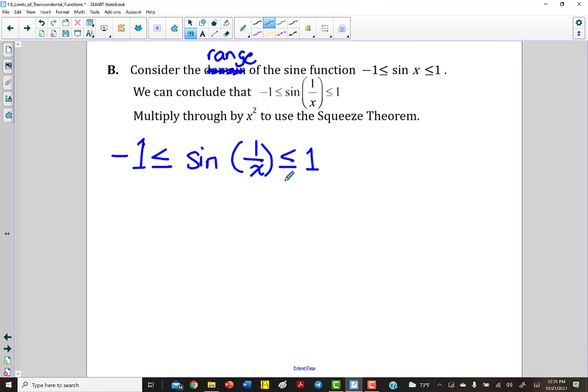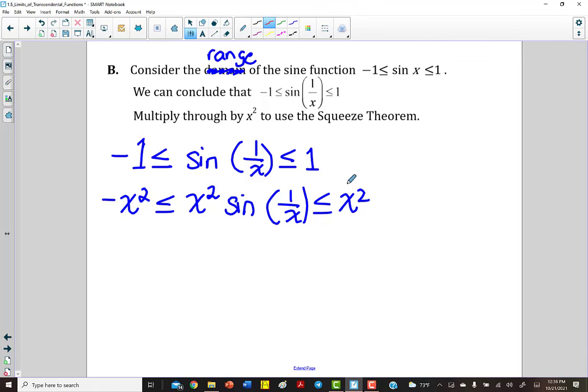If we multiplied through by x squared, then we'd have -x squared is less than or equal to x squared sine of 1 over x, which is less than or equal to x squared. So I'm multiplying each of the three pieces by x squared.